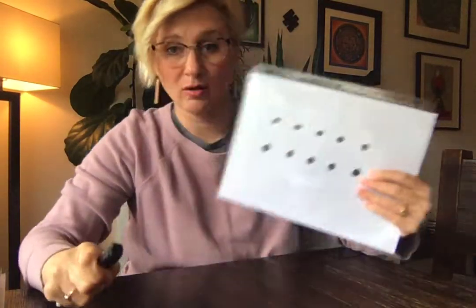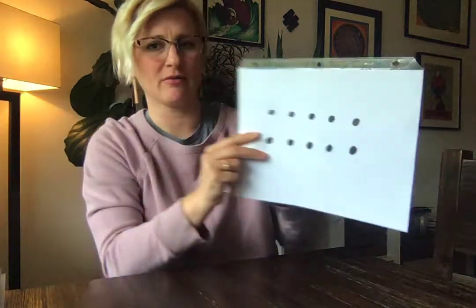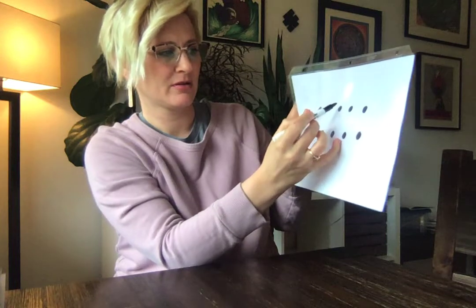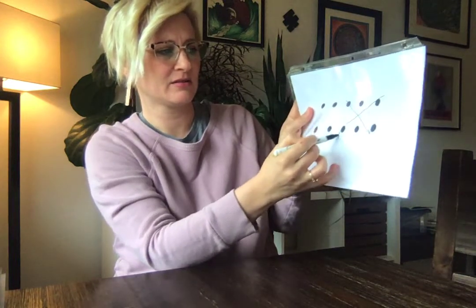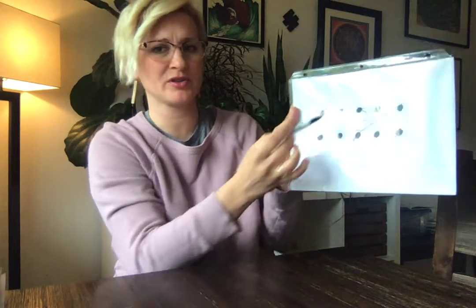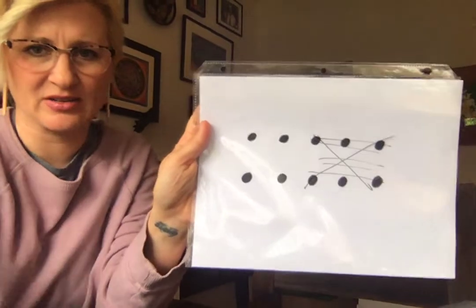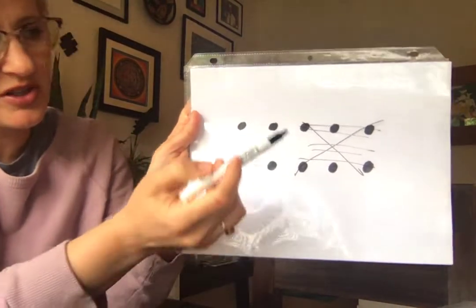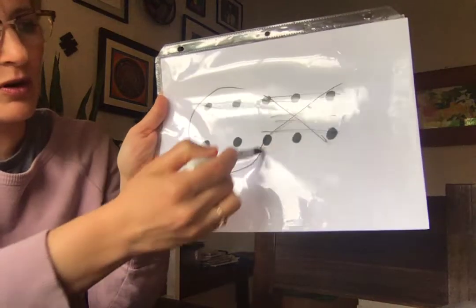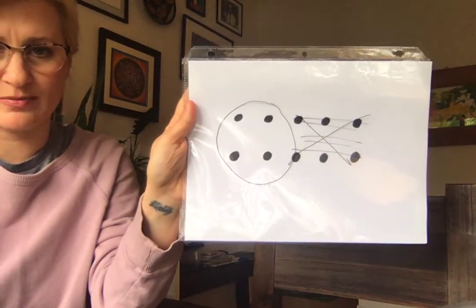I want us all to start by crossing off these 6. We're not going to work with these 6. All I want you to have, I'm realizing there's a little shine on here, it might make it hard to see, all I want you to have is 4 visible, okay?